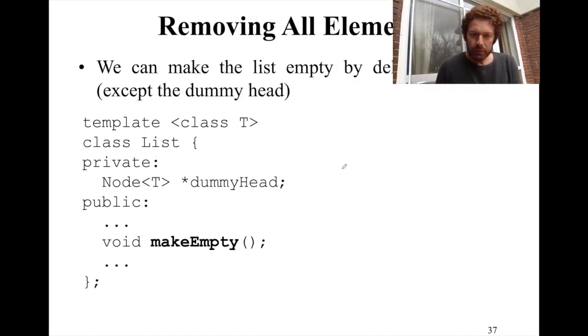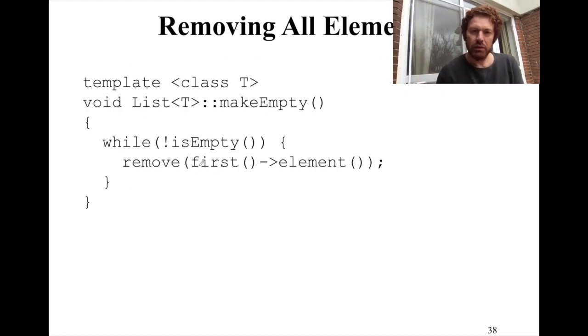Okay. Make empty. So I will be using the functions that I have built so far. Basically, remember this is inside the linked list class, so while the current linked list isn't empty, just remove the first element, then remove the first over and over again.